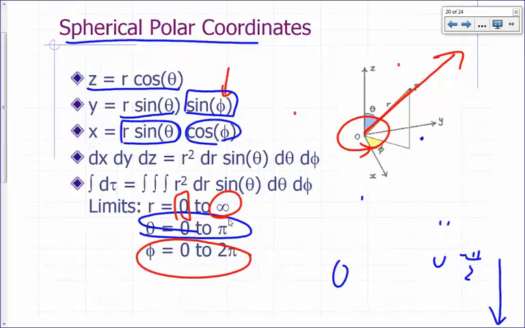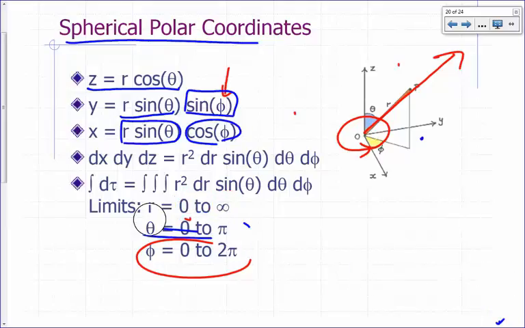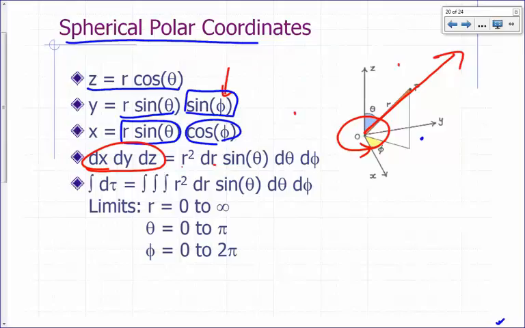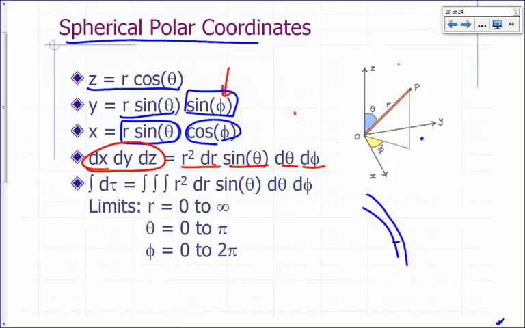Now, the differential element of volume in this particular case, the equivalent of dx dy dz, would be r squared dr sine theta d theta d phi. How do you get that? Let's go from one spherical shell to the next. The difference between those two would be what? dr. So let's say we go from here to here. That's a dr difference.